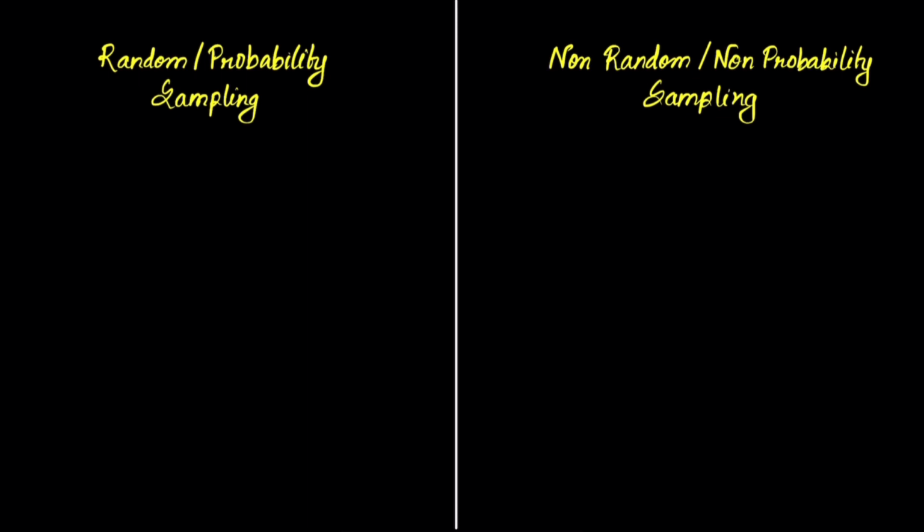Here are some of the random or probability sampling techniques that you need to know for the exam. Number 1, simple random sampling. Number 2, systematic random sampling. Number 3, stratified random sampling.